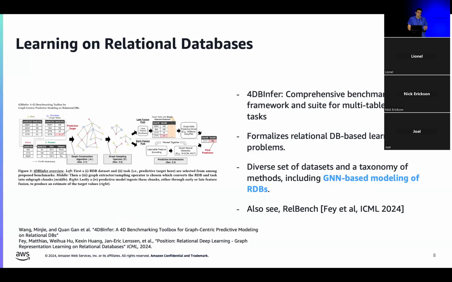This is a very nascent field. A lot of common tasks, common definitions of tasks, common data sets, and benchmarks are missing. So in this work, DBInfer, the authors propose a comprehensive benchmarking framework, some data sets and evaluation metrics for relational database-based predictive modeling tasks.